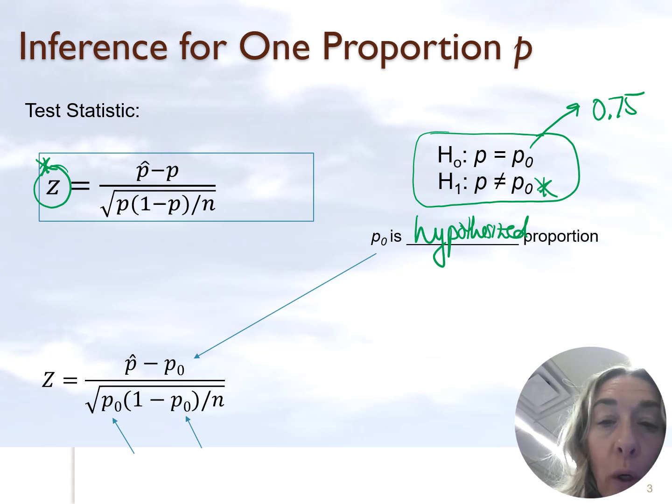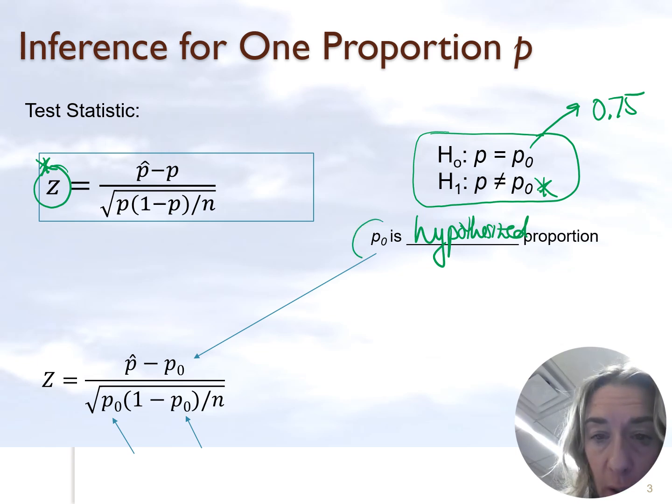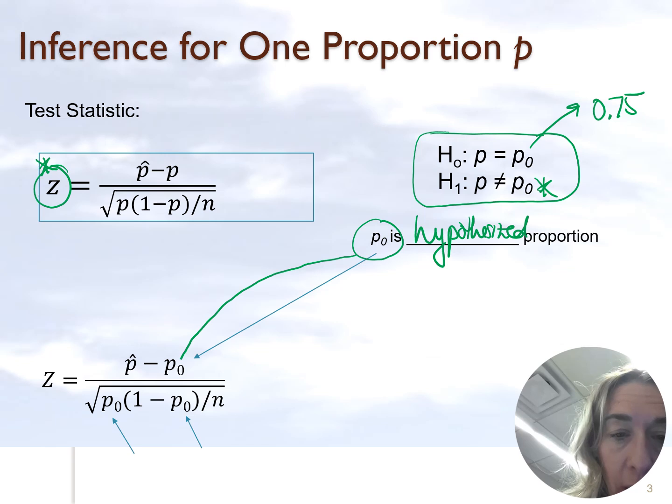So what we do in conducting a proof by contradiction is we insert that hypothesized proportion into the test statistic for each place that the population proportion is found.